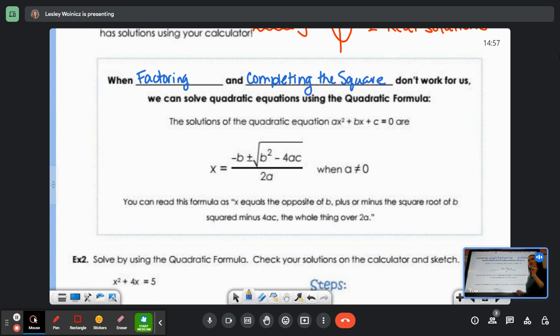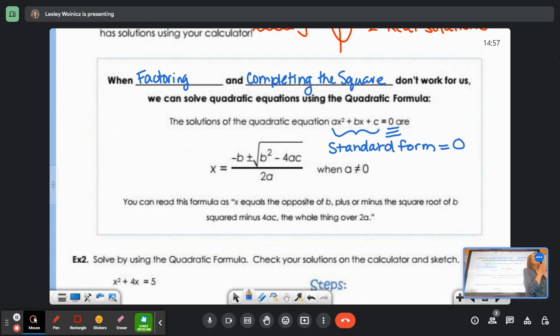The requirements for using it are that we get our quadratic in standard form, set equal to what? 0. So just like factoring, we need it in standard form equal to 0. So this is nothing new.